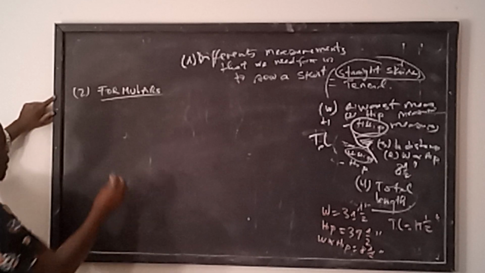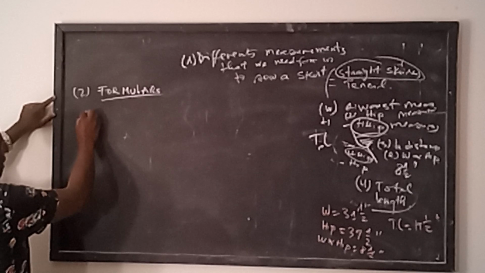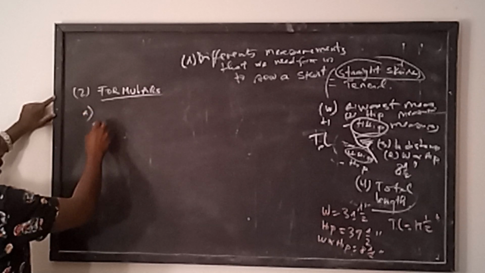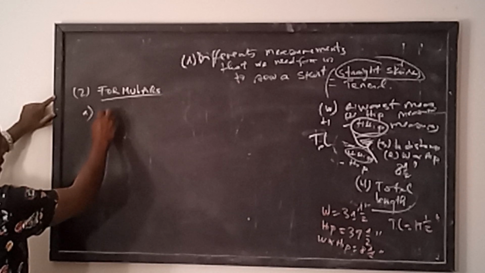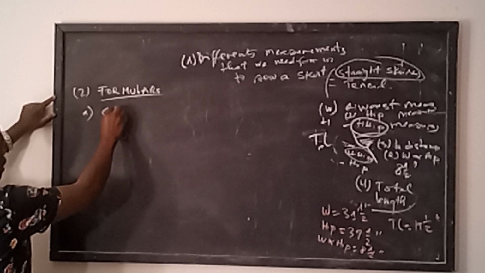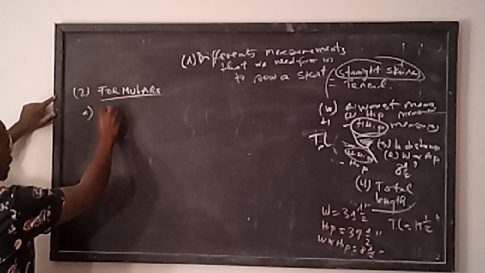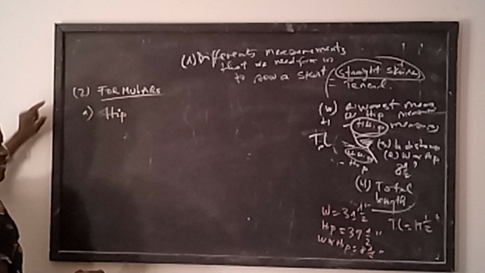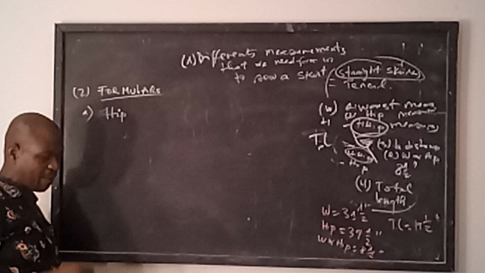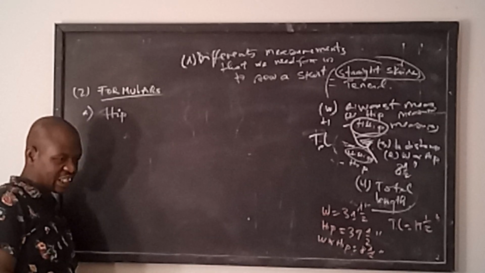The first formula, let's call it point A, I'll go with the hip. We make the hip small before moving, because I want people to understand.